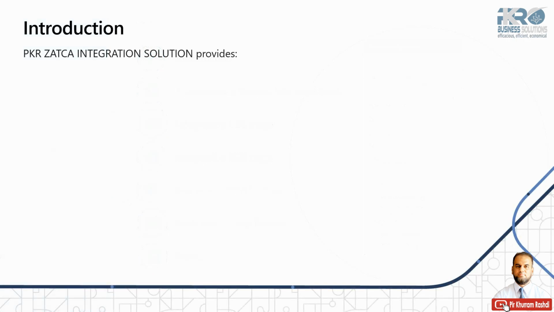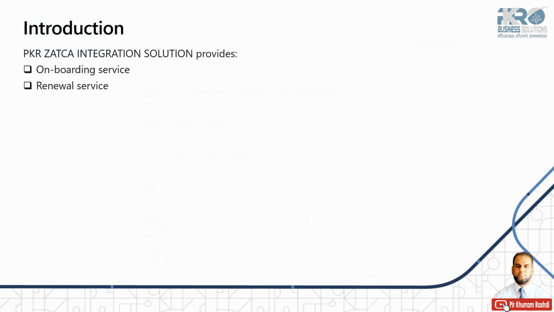Okay, so to start with, the PKR ZATCA integration solution first of all provides onboarding services. The onboarding services are to onboard your business, whether B2C, that is retail, or for wholesale or big customers, company to company or business to business, to the FATOORA portal, which is provided by ZATCA. So this solution provides onboarding services plus renewal services.